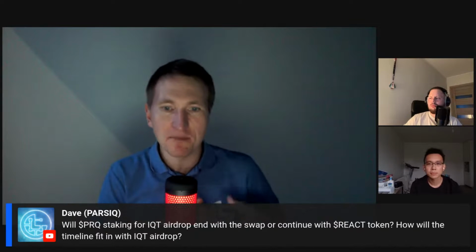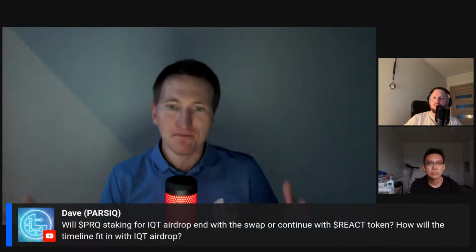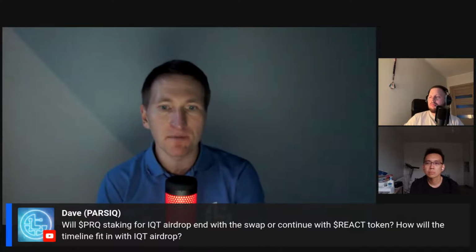One is a token built on a blockchain, the other is a native coin of the blockchain. So you cannot apply the same mechanics and use cases to them. It will end, and when the snapshot is taken and the final calculations are made for the IQ airdrop eligibility, the announcement will be made.